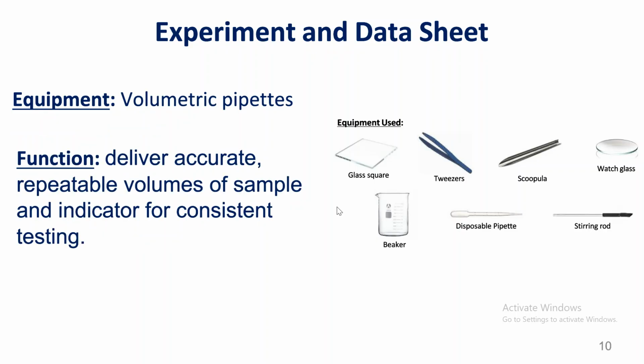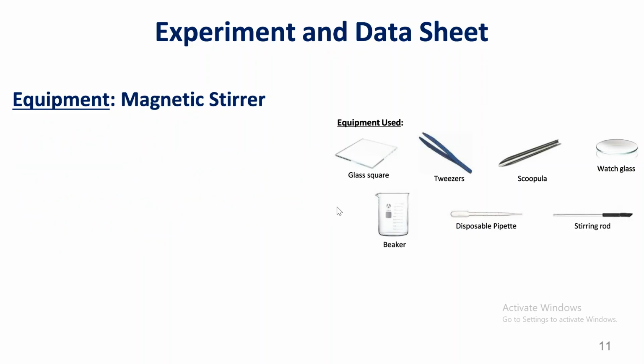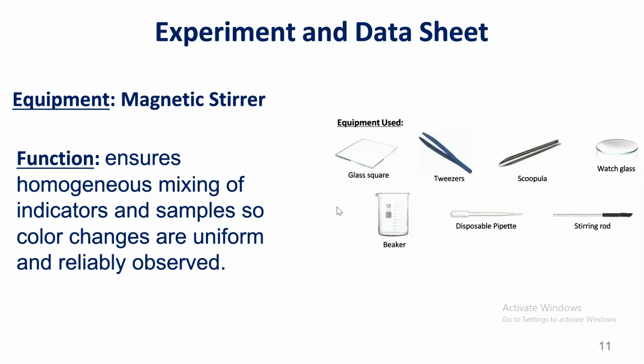The volumetric pipette delivers accurate, repeatable volumes of sample and indicator for consistent testing. And the magnetic stirrer ensures homogeneous mixing of indicators and samples so color changes are uniform and reliably observed.